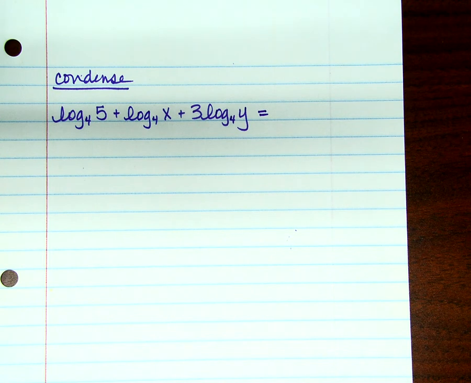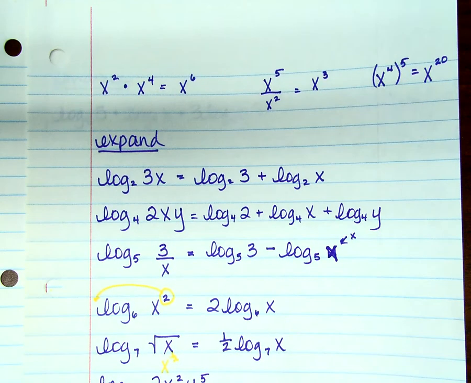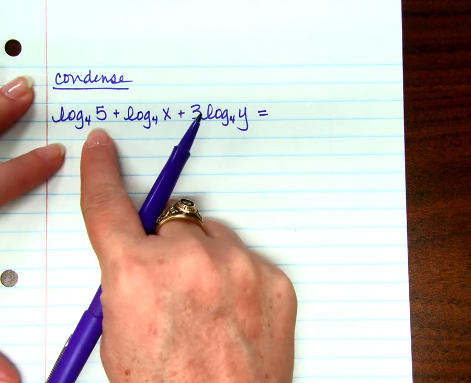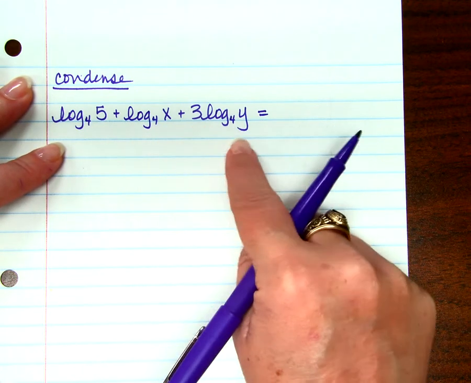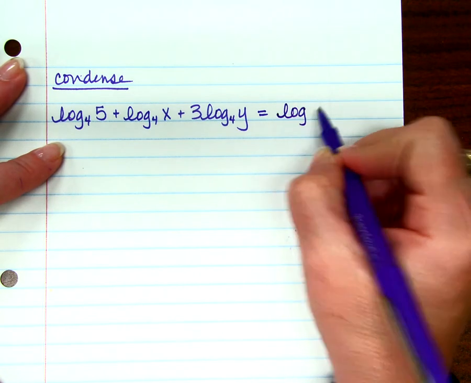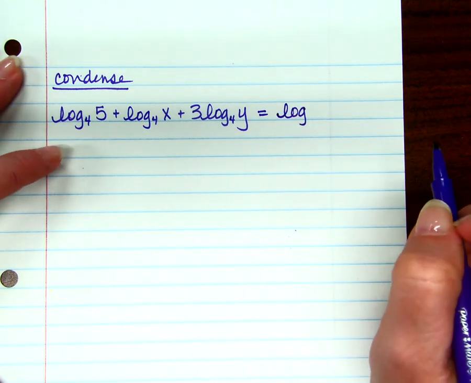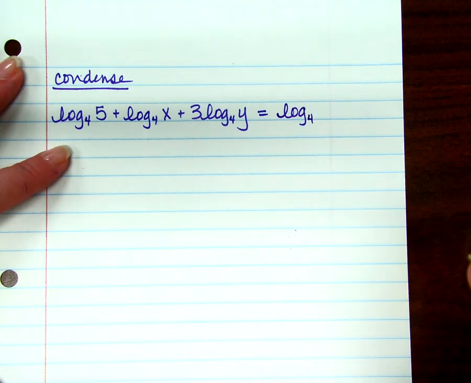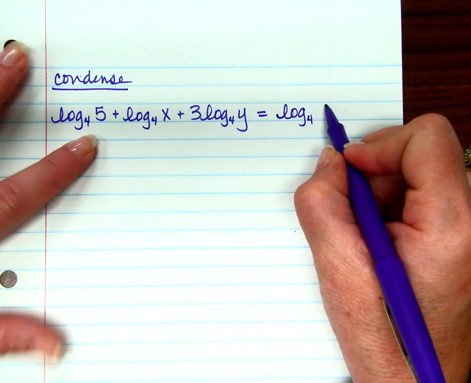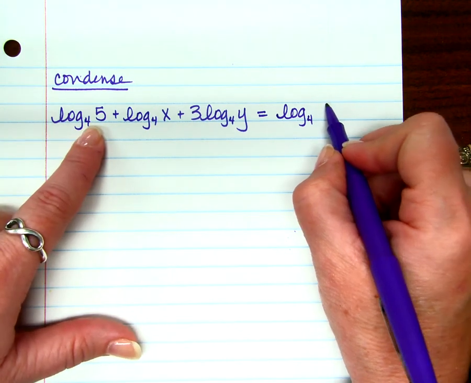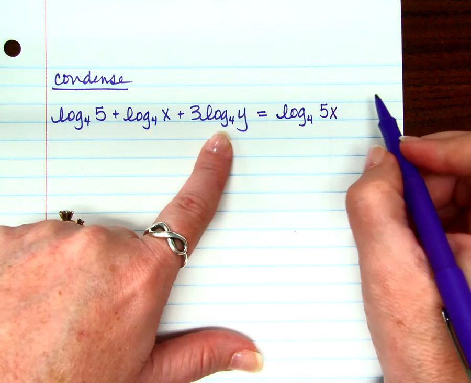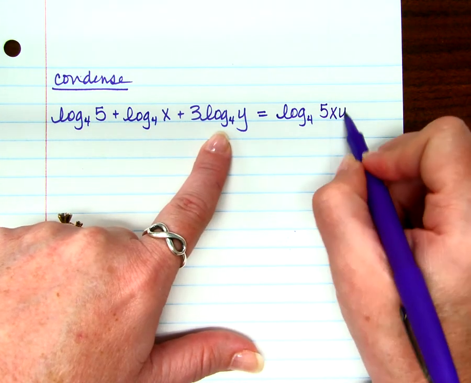So what are we doing compared to what we just did? It's going backwards. Okay? If I say log base 4 of 5 plus log base 4 of x plus 3 log base 4 of y, what should that equal in condensed form? How many times do I write log in condensed form? Once. Log base 4 of what? 5, x, y to the third. Done.